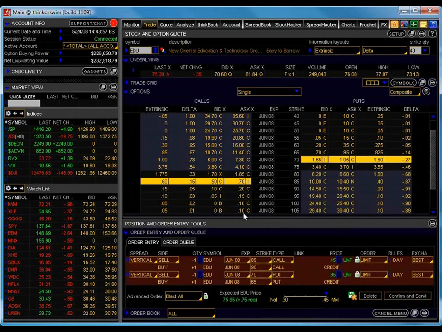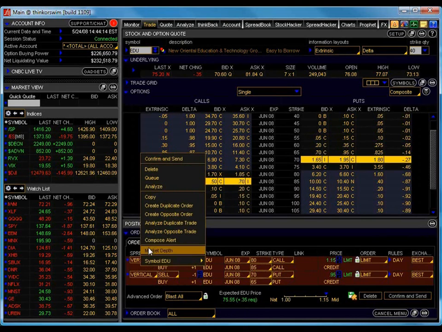So you've got a sale of a vertical spread, and I'm just going to change this to the 80s and the 85s. So it's the sale of two out of the money vertical spreads. That's all an iron condor is.